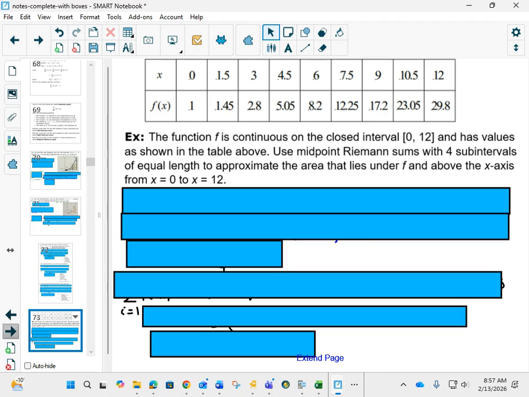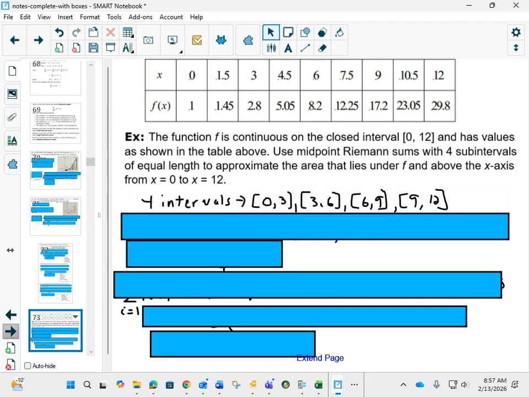It looks like we have not enough information, but we're going to use the midpoint Riemann sums with 4 subintervals of equal length to approximate this. Here are our intervals: 0 to 3, 3 to 6, 6 to 9, and 9 to 12.